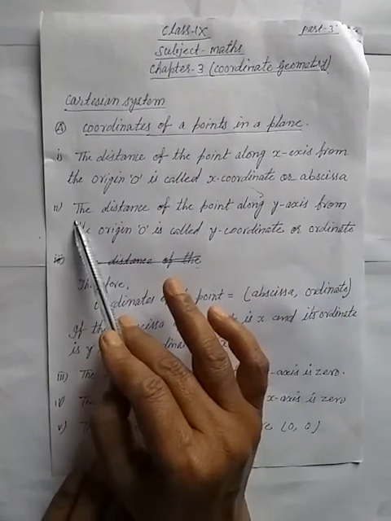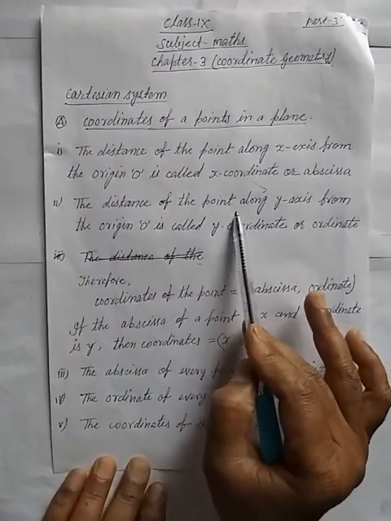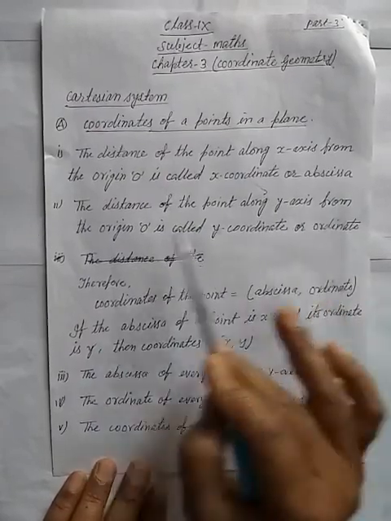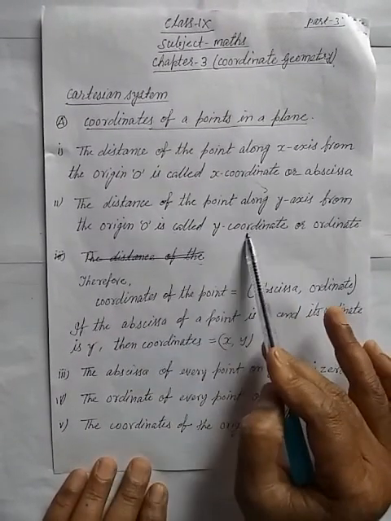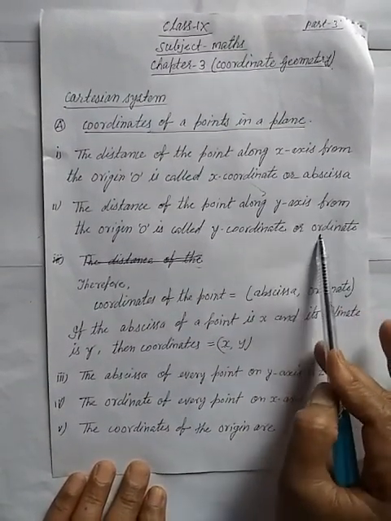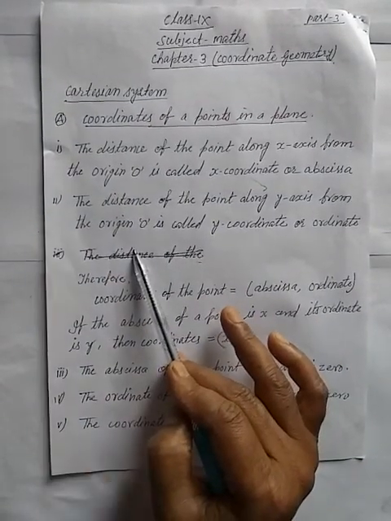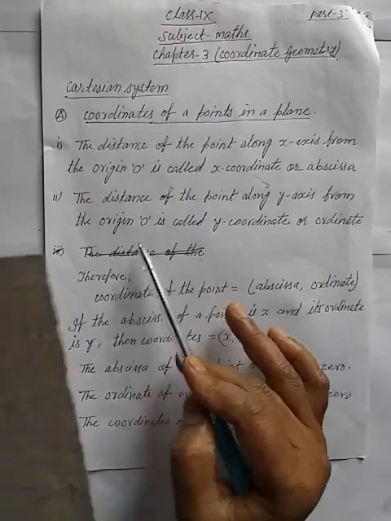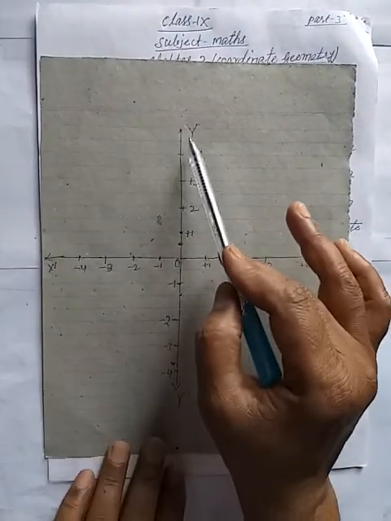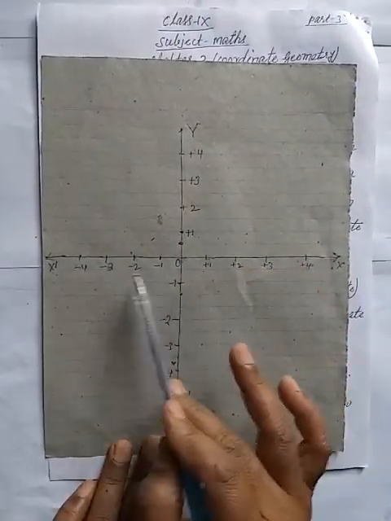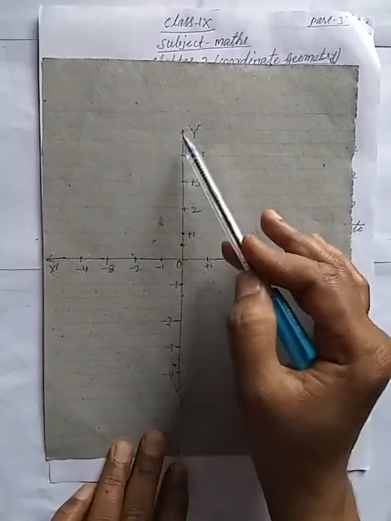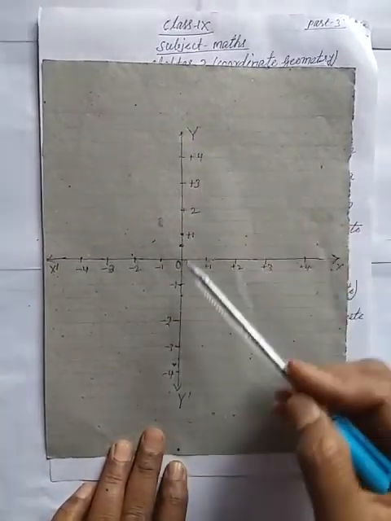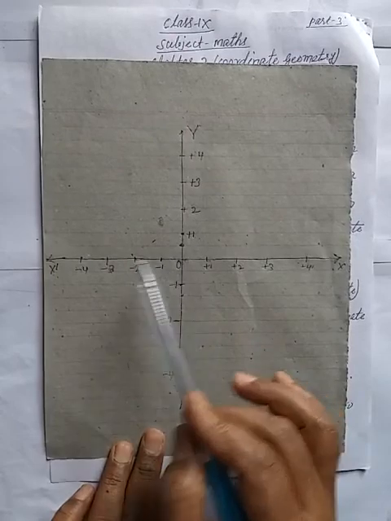Now second point: the distance of the point along the y-axis from the origin O is called the y coordinate or ordinate. Okay students, now I am showing here two perpendicular lines. See here, this is the origin, and this is Y O Y dash and X O X dash.